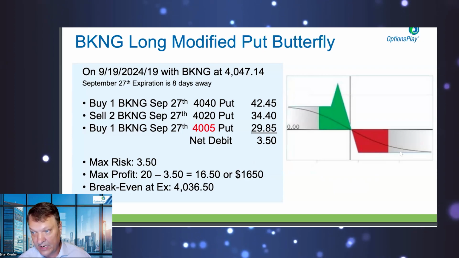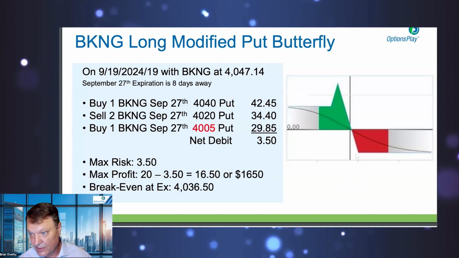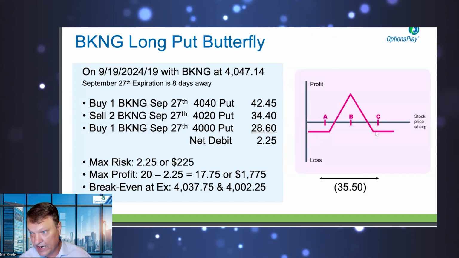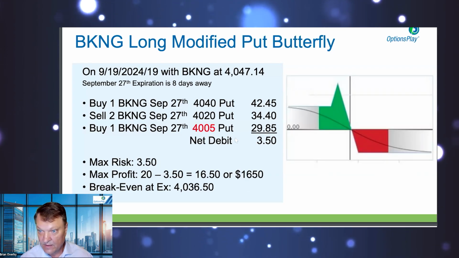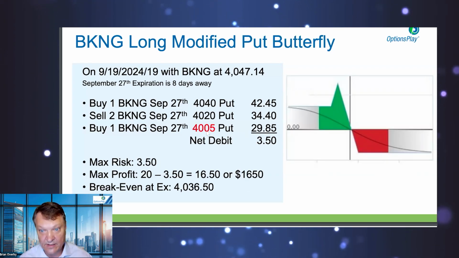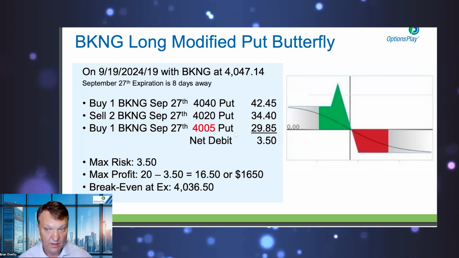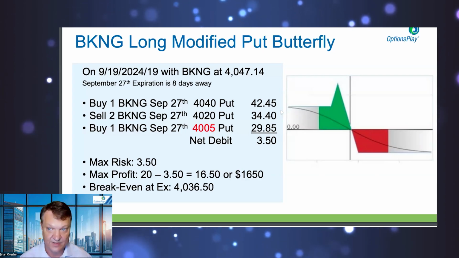This area right here is $3.50. $3.50 here. If we go back to here, $2.25 here. But the short spread, since we're paying more, gives us a benefit if the market tanks on us.